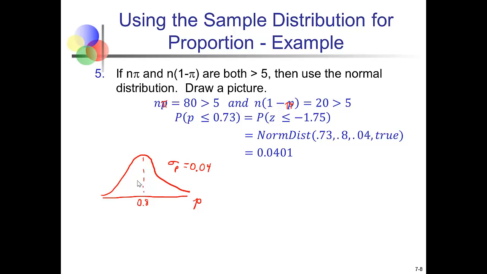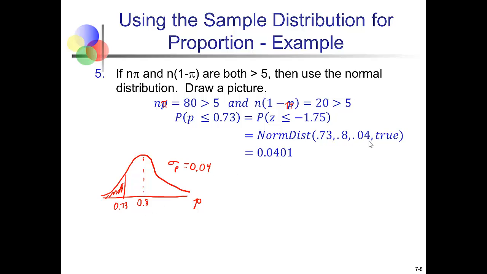We're trying to find the probability of getting a sample proportion less than or equal to the 0.73 that we got with this particular sample. So we can use NORM.DIST to calculate this since our normal distribution applies. We would go equals NORM.DIST of 0.73 because that's the thing we want to find the probability of. Our mean would be 0.8 because that's our population proportion.